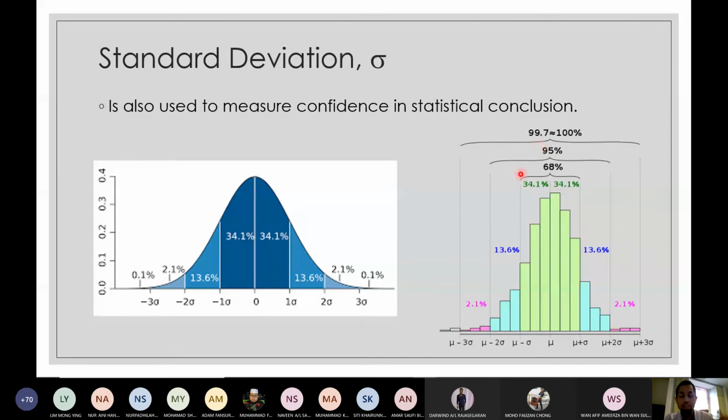If you measure multiple times, 68% of the data should lie within plus minus 1 standard deviation from the mean value. 95% of the data will be within plus minus 2 sigma, or 2 standard deviations, from the average value. And almost 100% will be within 3 standard deviations of the average value.